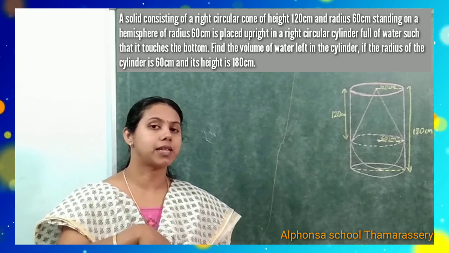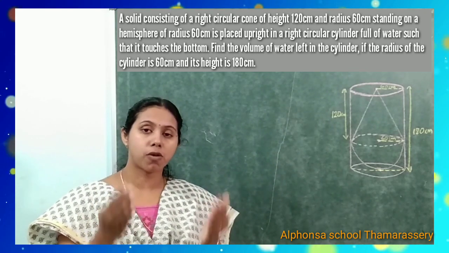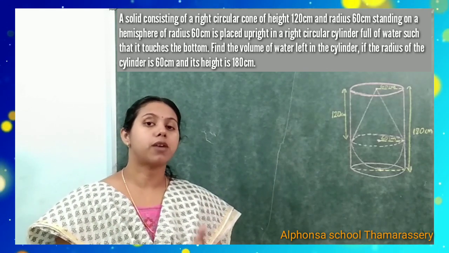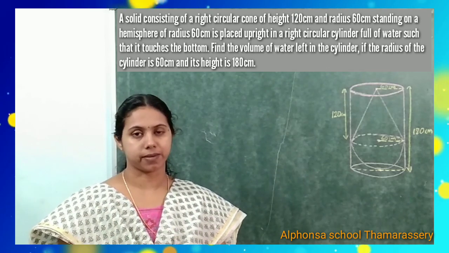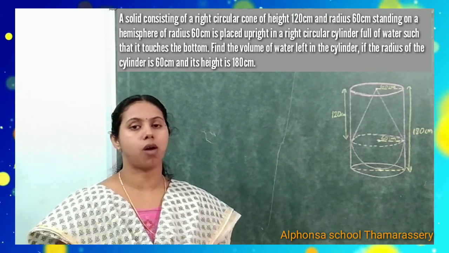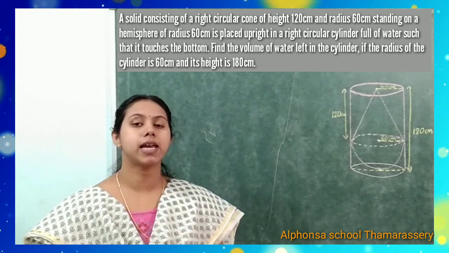When you keep something inside, the water will flow out. So the volume of water that flows out will be equal to the volume of the solid placed in the cylinder.